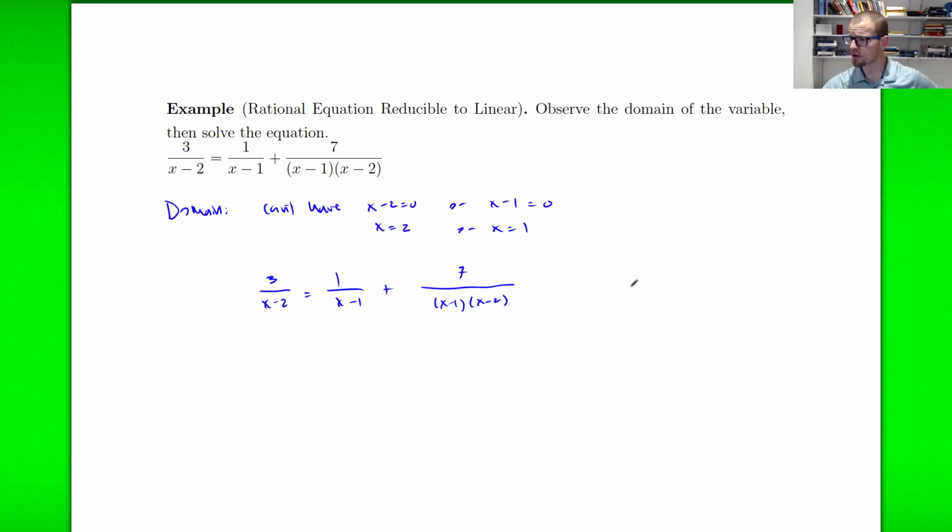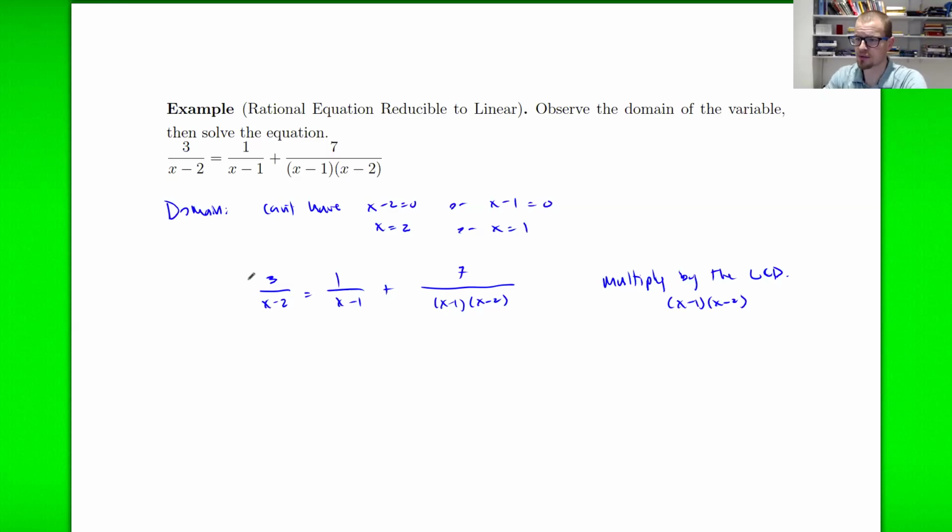If I want to get rid of those, I want to multiply by the least common denominator. Okay, the least common denominator in this case, what would that be? Well, x minus 1 times x minus 2, we need all of that, but that contains the x minus 1 and it contains the x minus 2. So in this case, that is simply the x minus 1 times x minus 2.